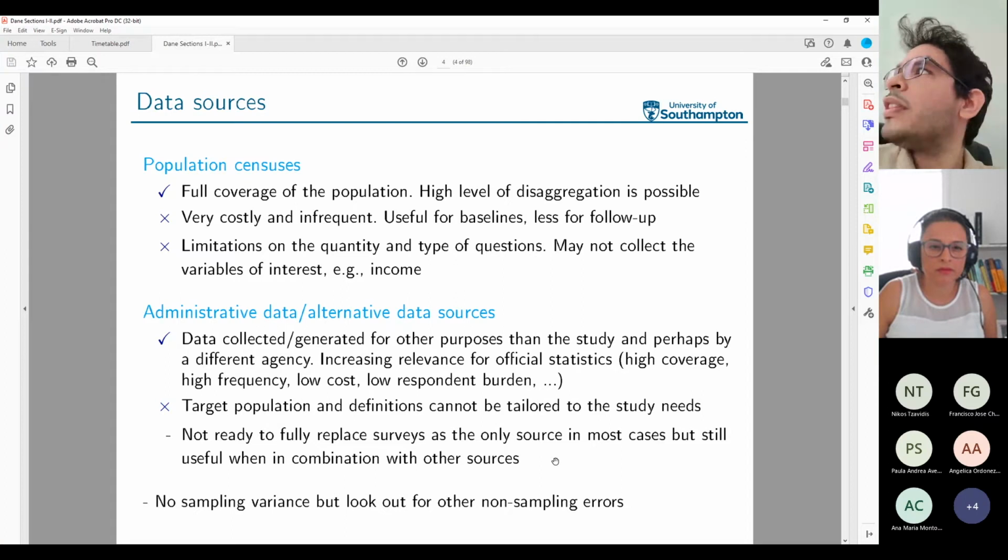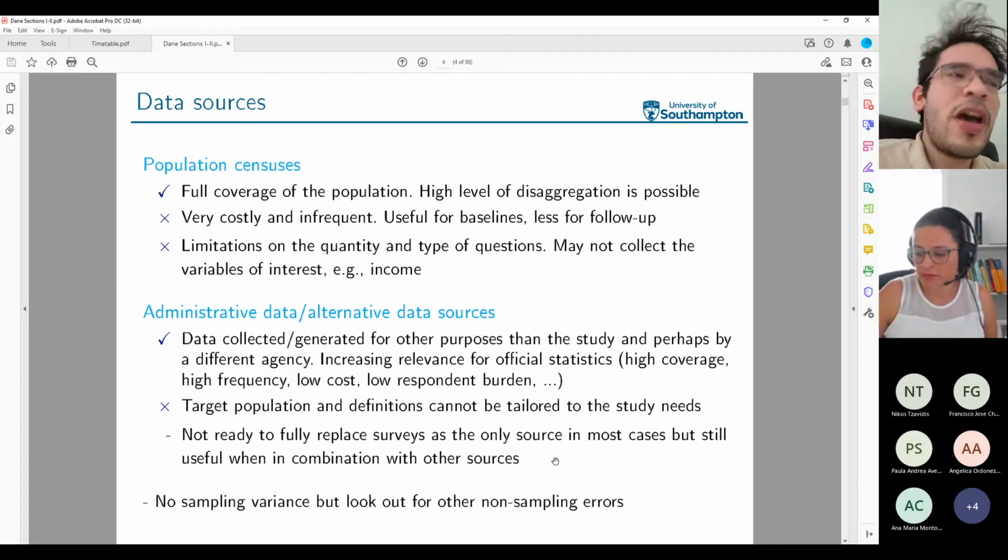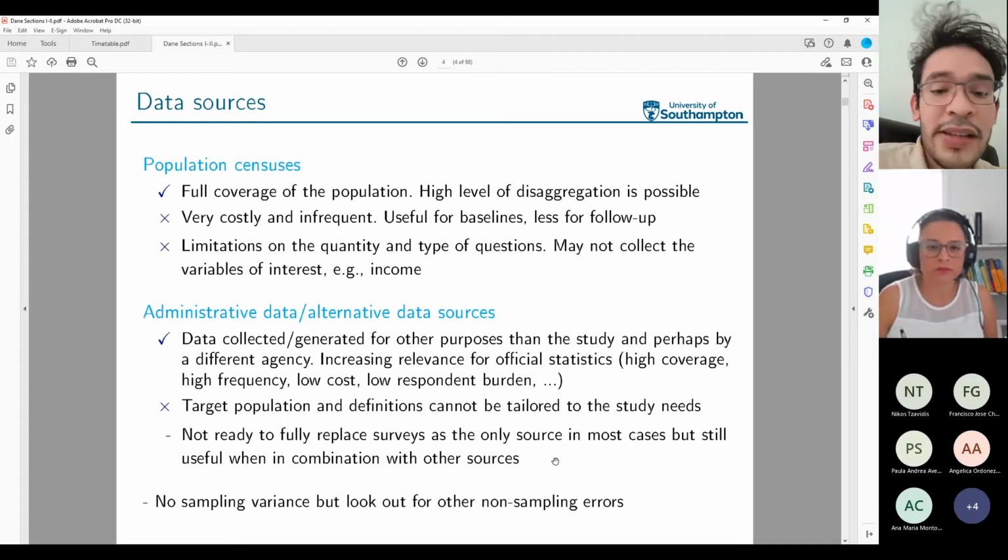In the survey, not everybody has answered the question or answered it rightly, but in the administrative data we have better quality national identifiers, and so we have been able to match these sources using a deterministic approach.